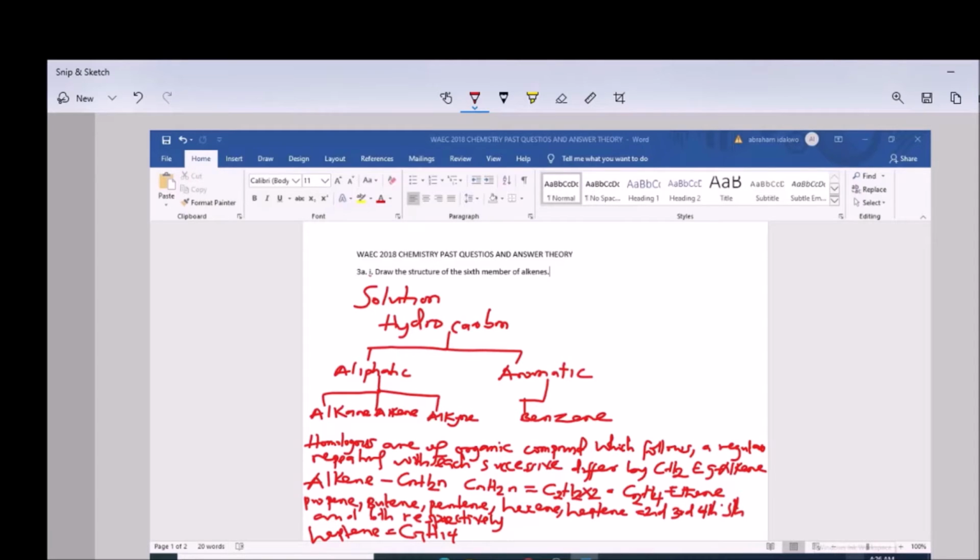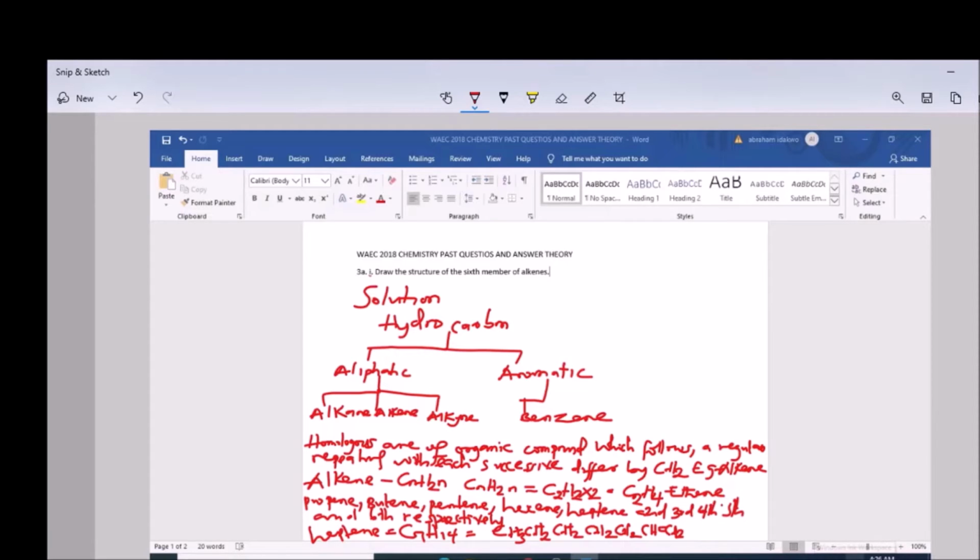So the structural formula is CH3, CH2, CH2, CH2, CH2, CH, then we have CH2. So this is the condensed structure of heptane.